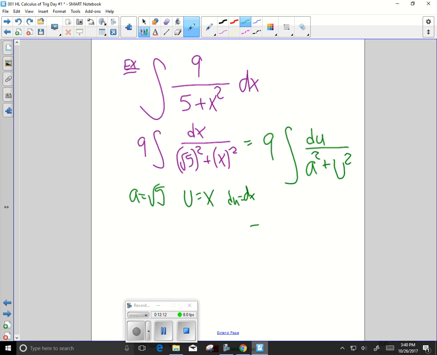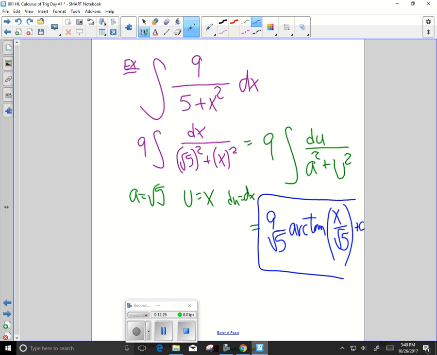And then this antiderivative will be 9 over a square root of 5 arctangent of u, which is x over a, which is the square root of 5. So that's how you handle the arctangent.